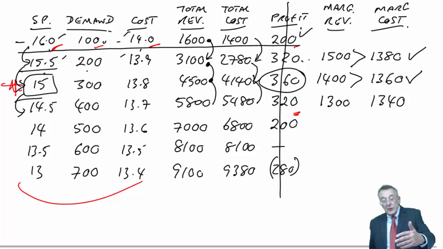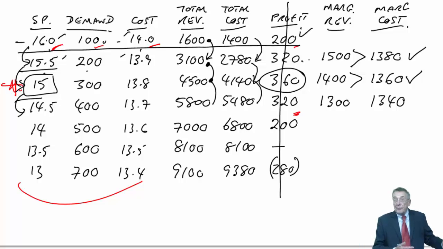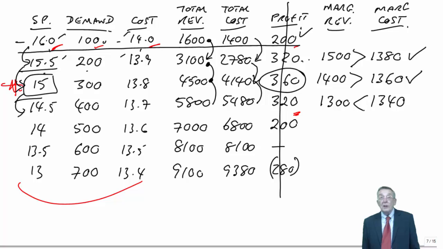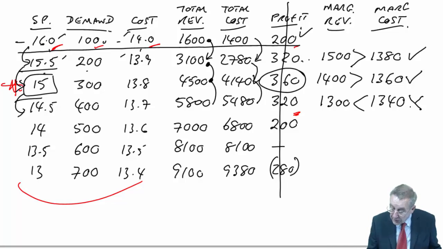If the extra revenue is more than the extra cost, we've got extra profit. But here, the extra revenue is less than the extra cost. And therefore, that would reduce our profit. It's not worth dropping the price. And therefore, we'd stop at that stage.